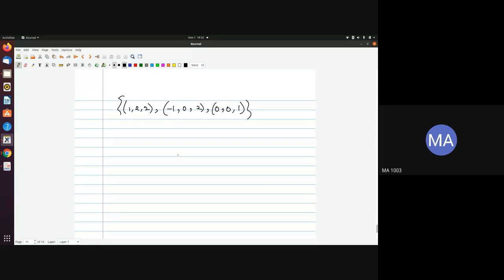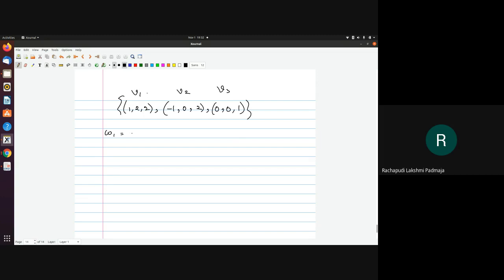From these I have to find an orthogonal or orthonormal basis. So this is my V1, this is my V2, this is my V3. What should my W1 be?